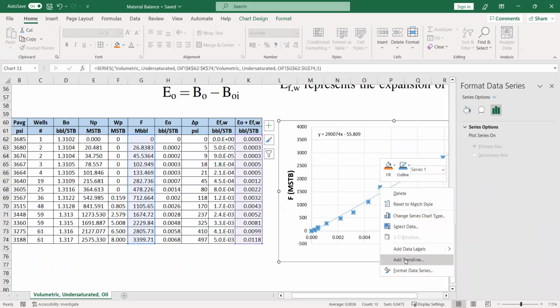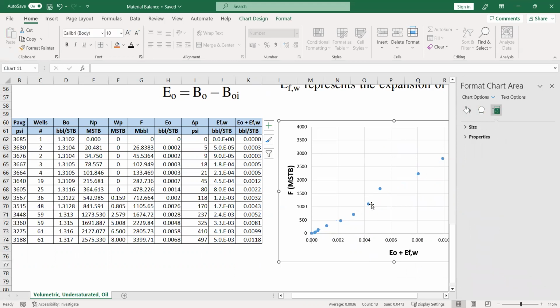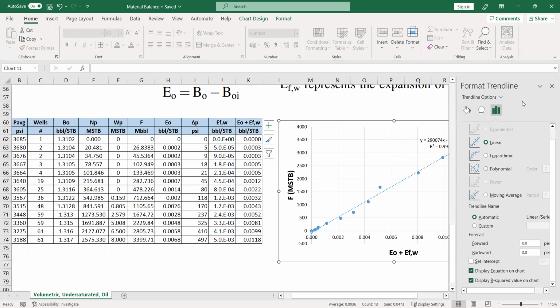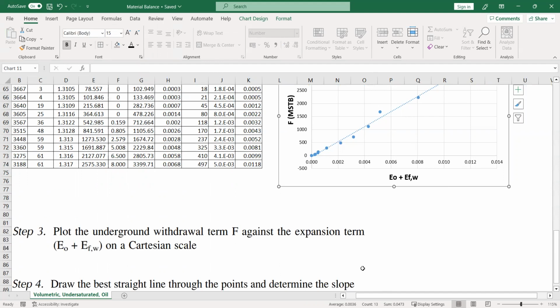Sorry, I will just redo the regression. Right click, add trend line, and then click this and this. All right, so now we have this one with R square approaching 1, which is very good. And then let's just color it with this, and then make it bigger. All right, so now you get the slope, which is the N.